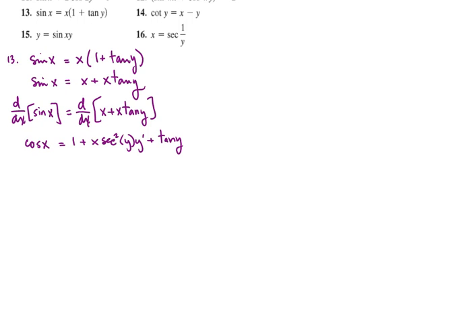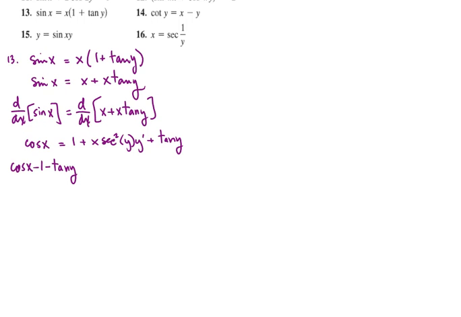So what I'm going to do then is simplify just a bit, but I want to isolate the y prime term, and I only have 1 on the right side. So I'll subtract 1 and tangent of y from both sides.